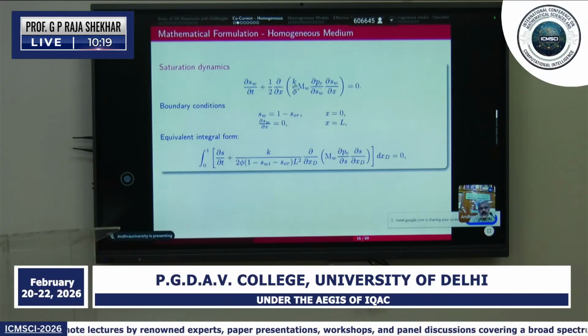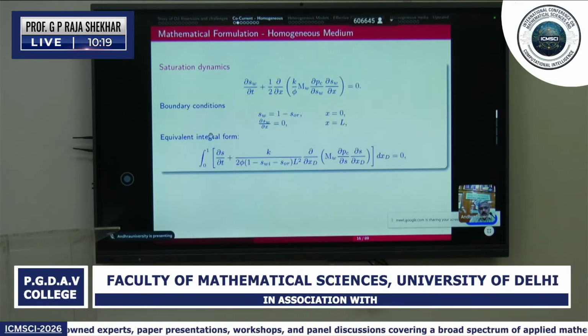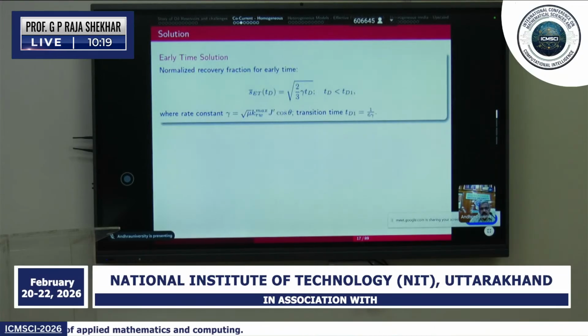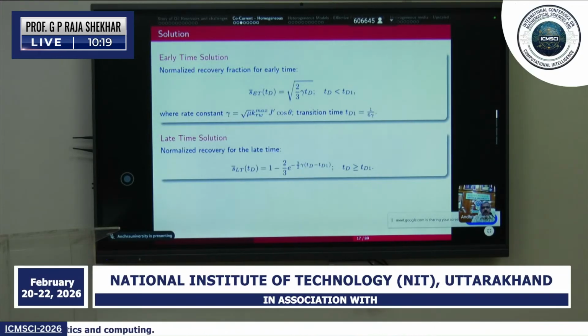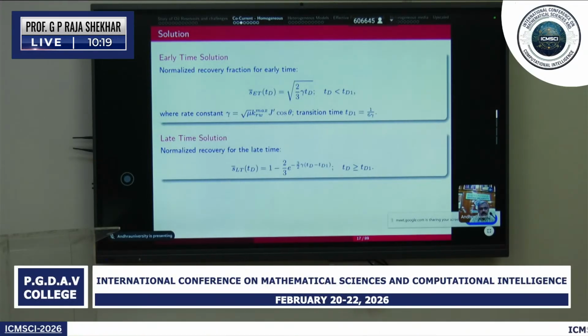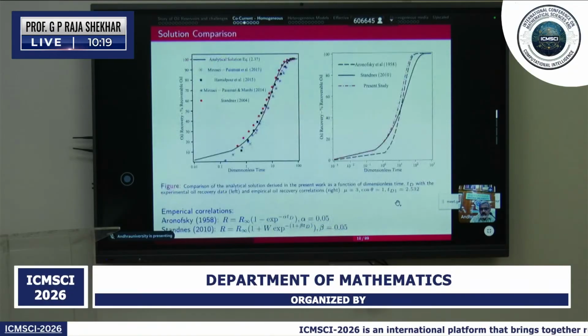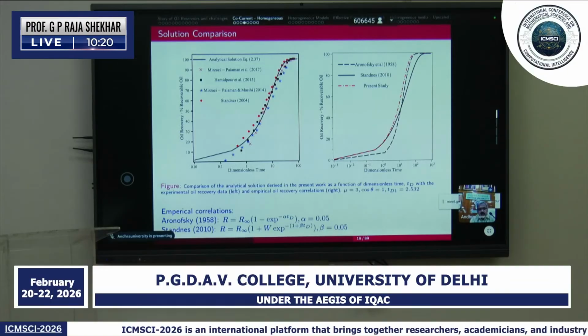For this homogeneous 1D case, there is an equivalent integral formulation, and then we use something called separation of variables, and then we get the solution: an early time solution, a long time solution, and a hybrid solution using a Heaviside function. We compare this, and naturally the homogeneous case agrees with existing studies.